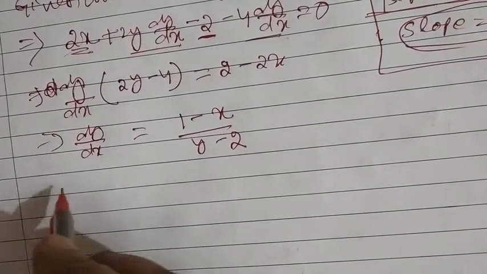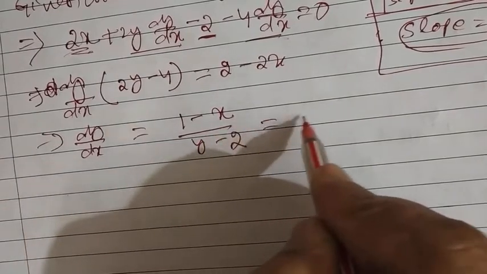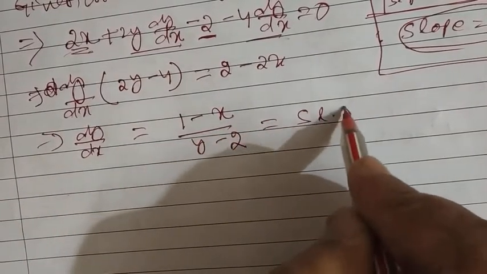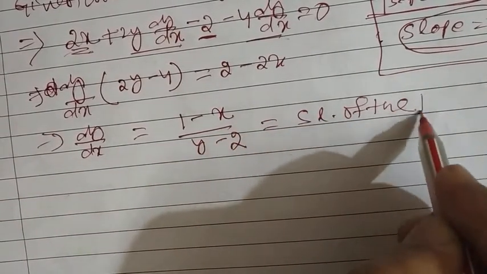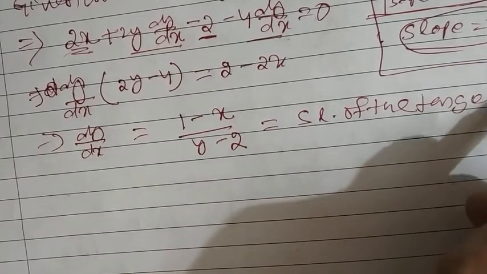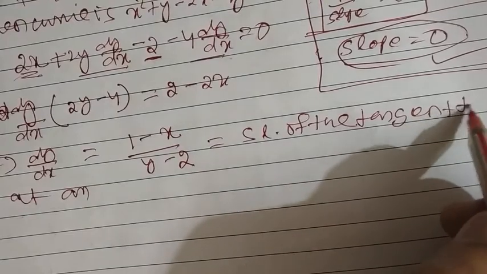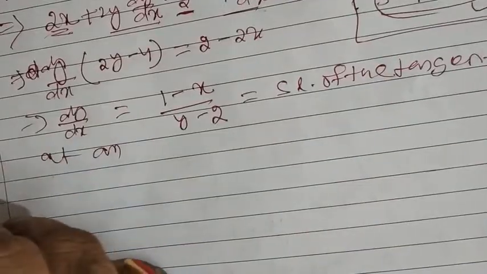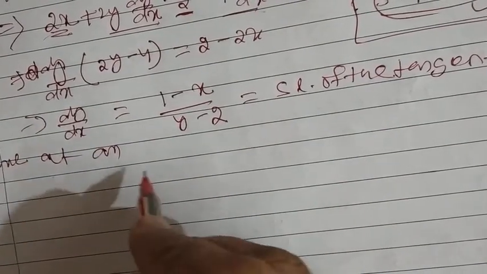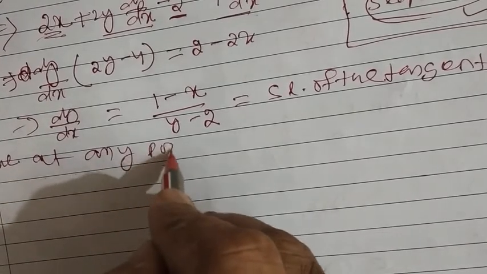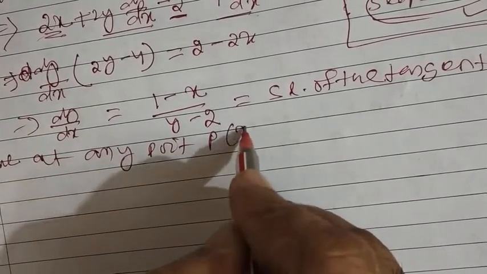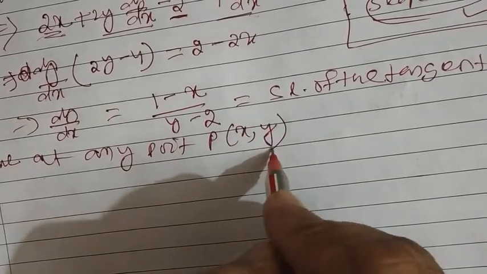Okay. Now what is this? Slope of the tangent at any point. Tangent to the curve at any point P whose coordinates are x and y.